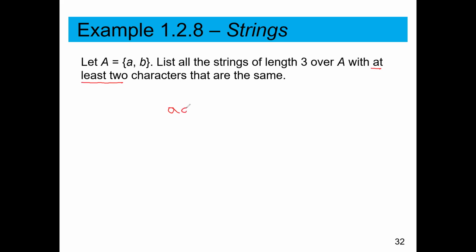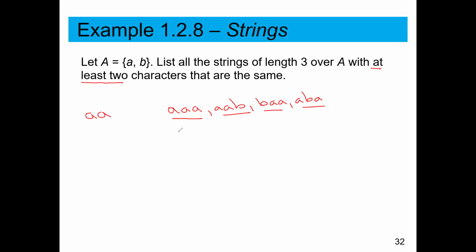So for instance, I could have A, A, A, or A, A, B, or B, A, A, or here's another one, A, B, A. That's going with the A as my 2 characters that are being repeated, and it gives me all these different ones. Notice there were no B's at all, a B in the last spot, a B in the first spot, and a B in the middle spot.